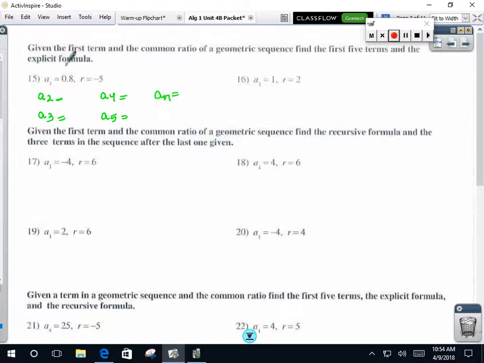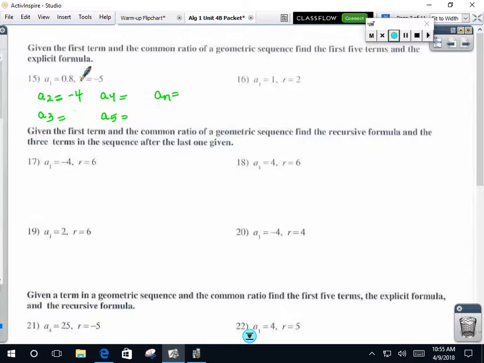Okay, well if the first term's 0.8 and the common ratio is -5, what do you do to find the second term? Multiply that 0.8 by -5 and that gives you -4, right? And then you just multiply that by -5 and it gives you what for the third term?